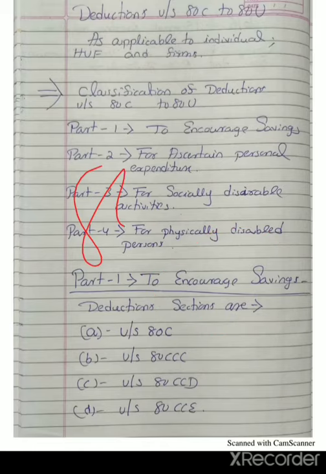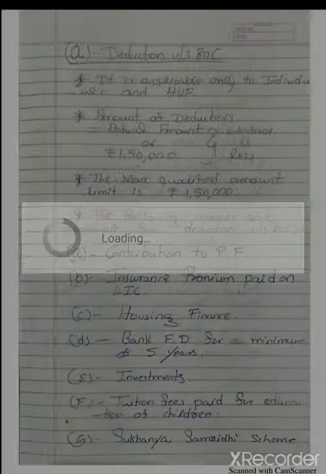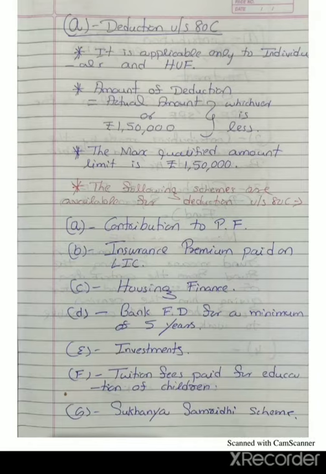Out of 80C to 80U, under section 80C, section 80CCC, section 80CCD, and finally section 80CCE, the main intention is to encourage savings and to avoid the taxation burden. The first deduction is under section 80C.